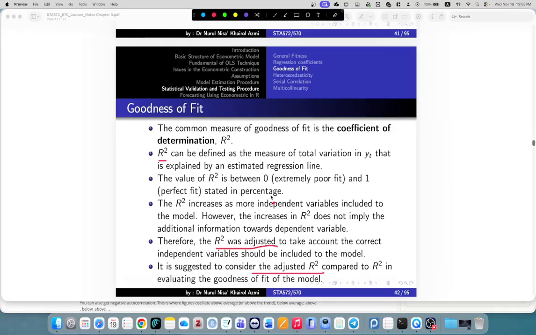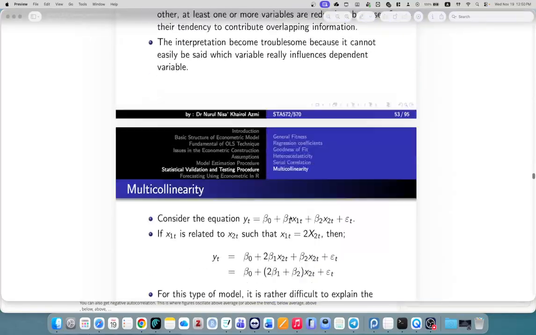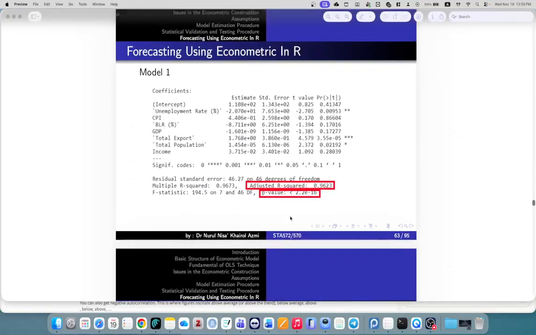When you explain R square, the total variation in Yt, suppose that we take a look at the output in our R. Your R will give you both R square.